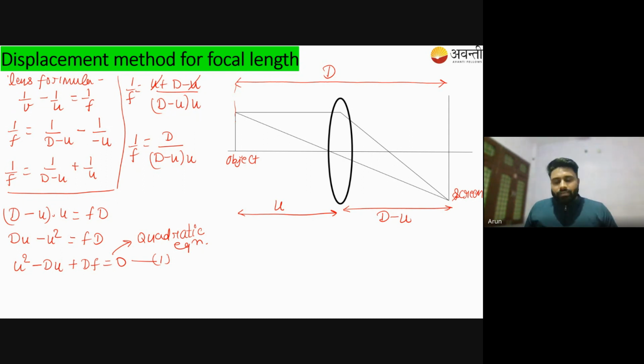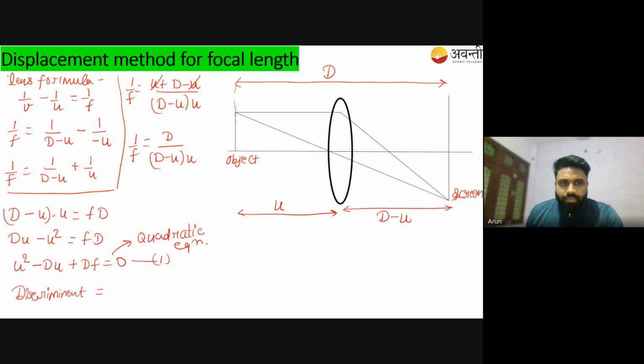Now, what is the discriminant for a quadratic equation? We are interested in it, because we are going to check the nature of the roots. Based on that information, we would know where the image will be formed and how many images we will get. So the discriminant is b square minus 4ac for a quadratic equation.